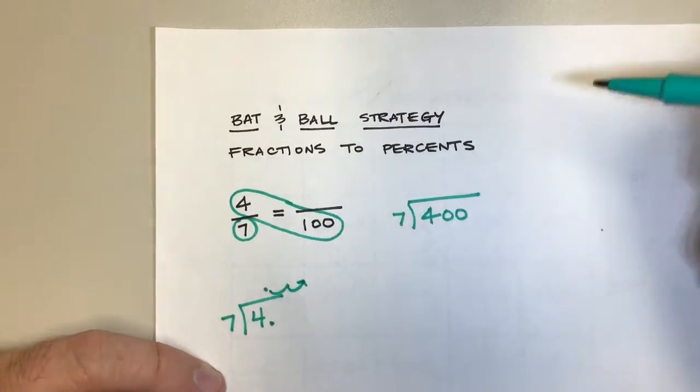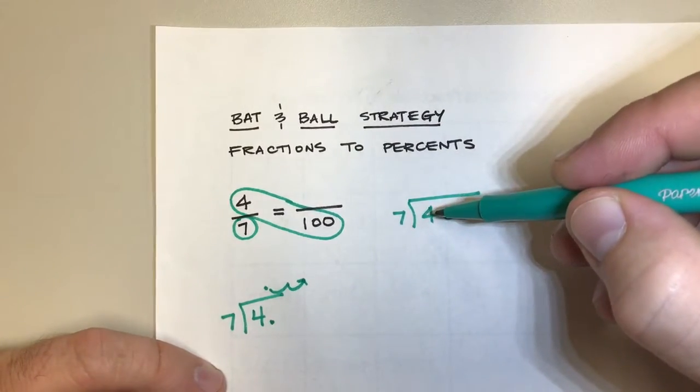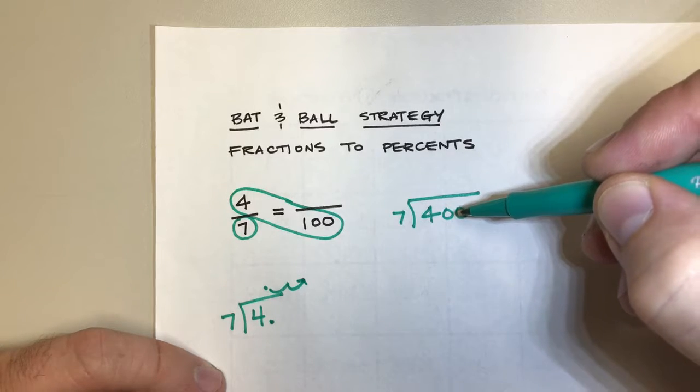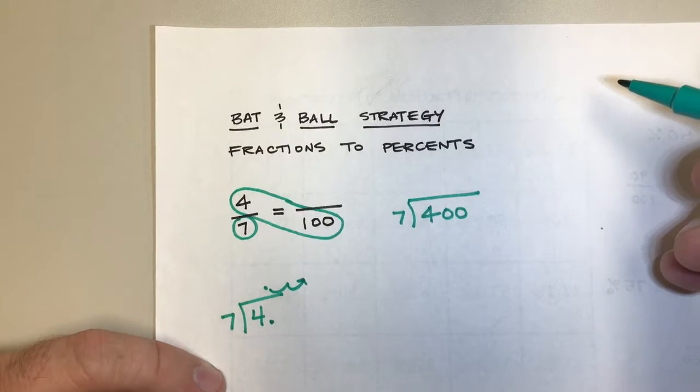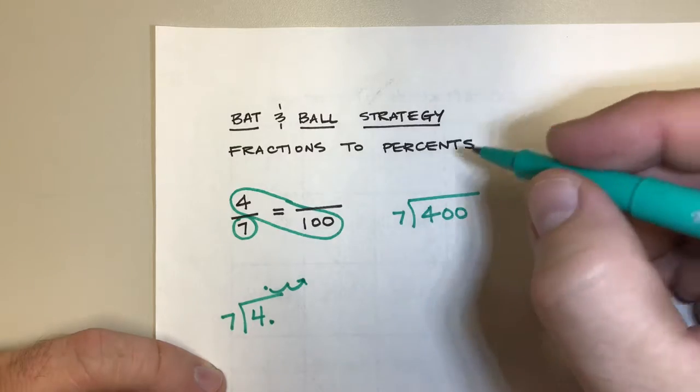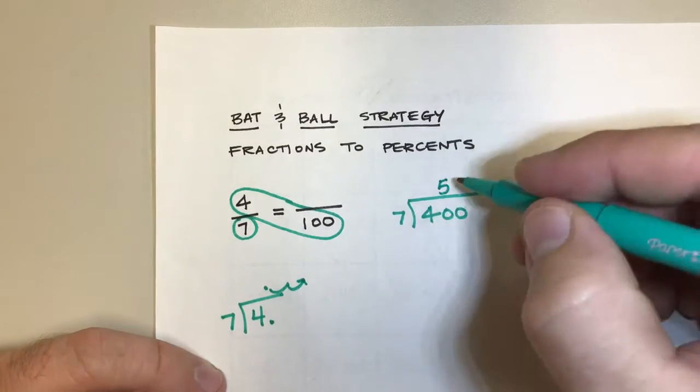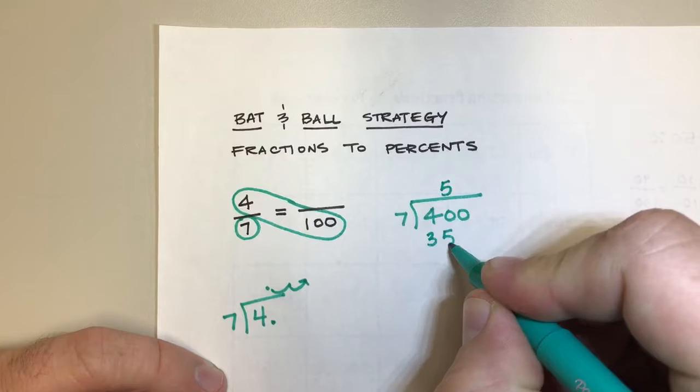So here we go. 7 does not go into 4, but it does go into 40. And the closest that we can get is 5 times. 7 times 5 is 35.